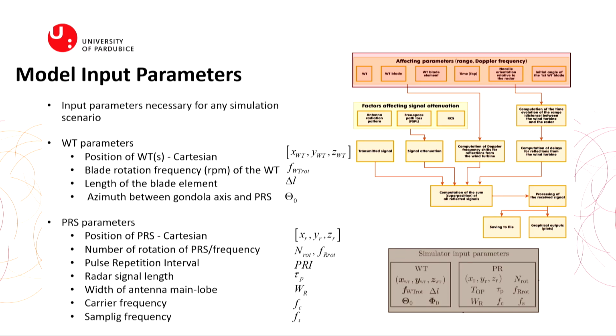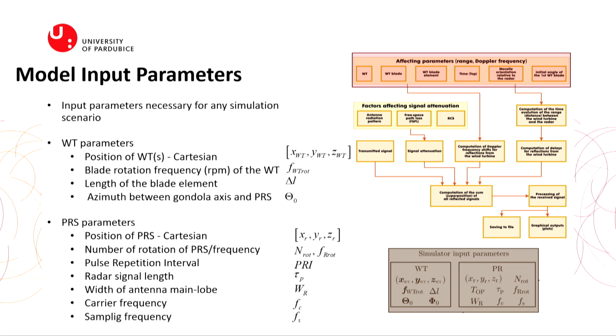Now I will describe the input parameters. So position, Cartesian, it is night. Blade rotation frequency, RPM, I think that is clear. Length of the blade element, azimuth between gondola axis and PRS, okay.